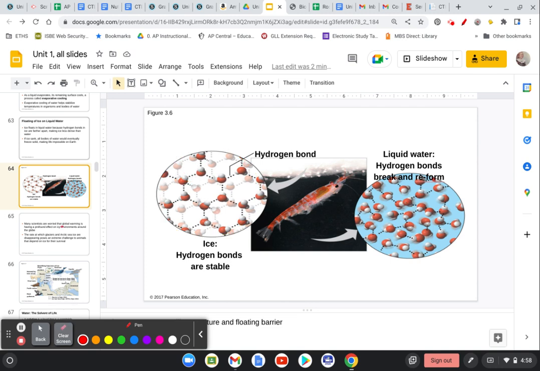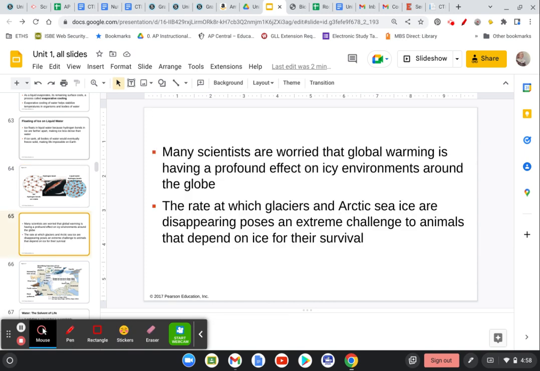So this is kind of an issue for today's environment because we know that global warming and global climate change is a problem. And because icy environments around the globe are breaking apart and they're now becoming water, that can be a huge thing to a lot of creatures that depend on that ice and need that ice for survival.